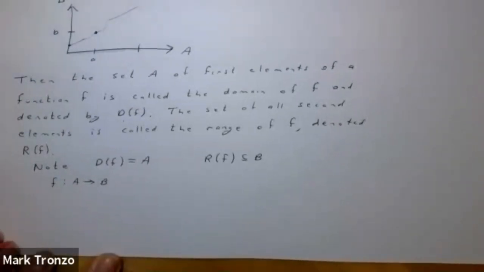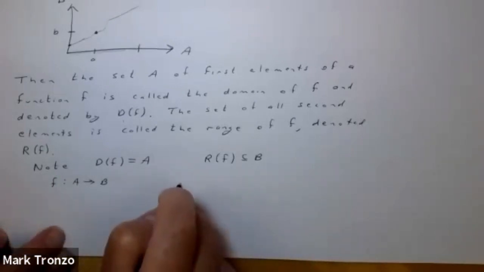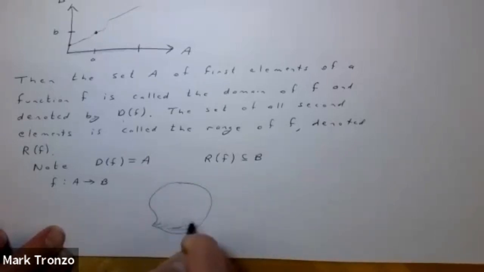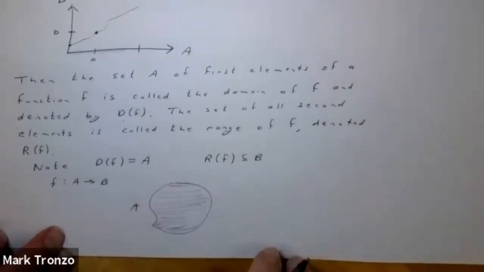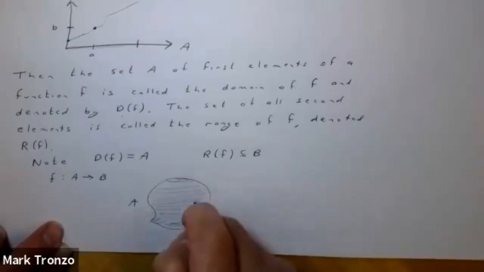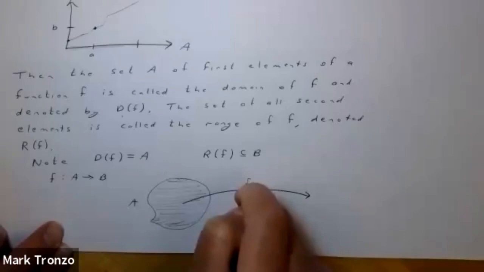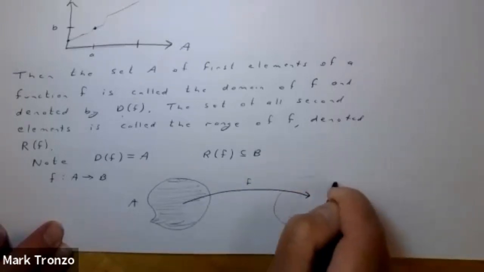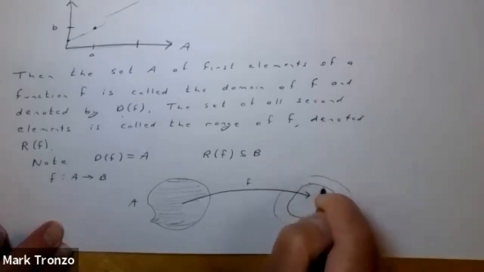And finally, as a picture, sometimes in two dimensions, you might make it as a picture. As we said, if this is your domain A, you'll get everything from A. And you put in your function. And maybe this is your set B over here.